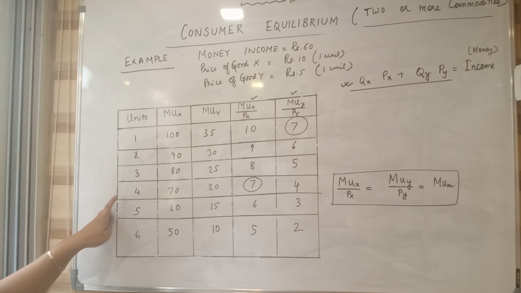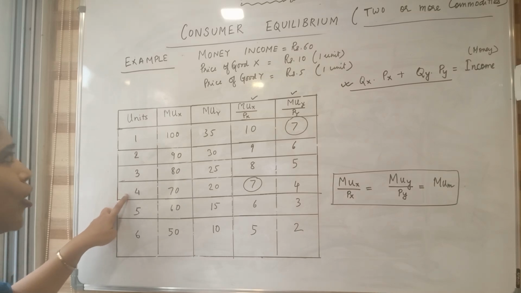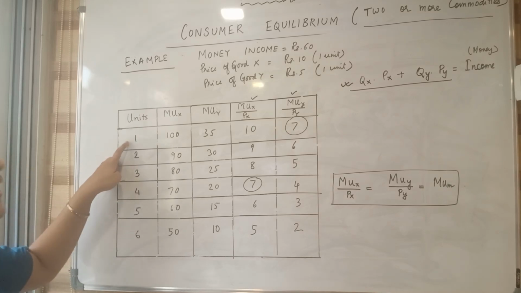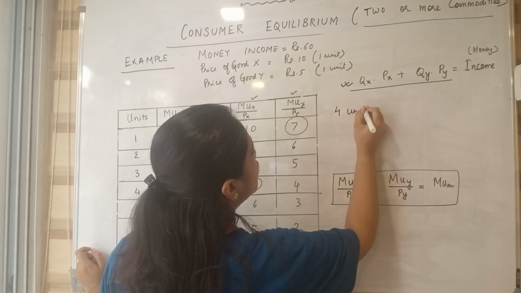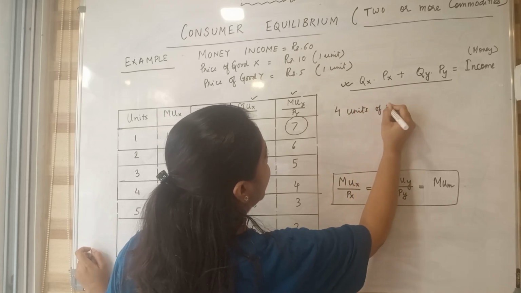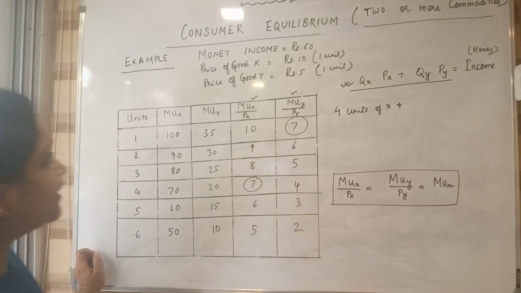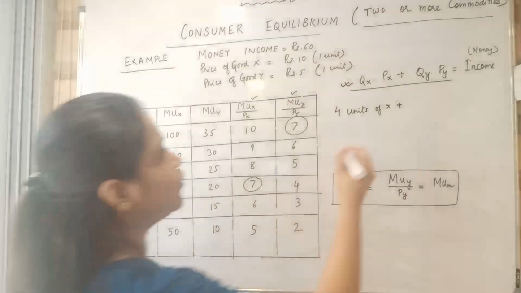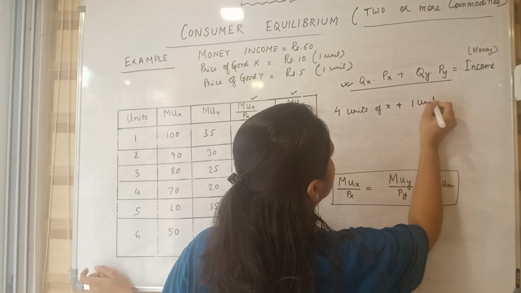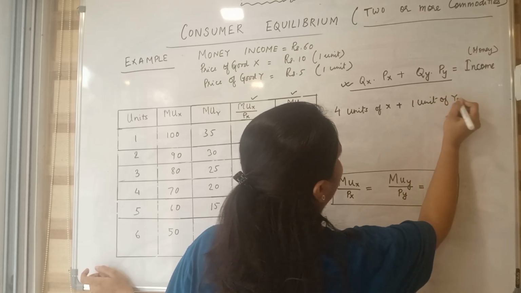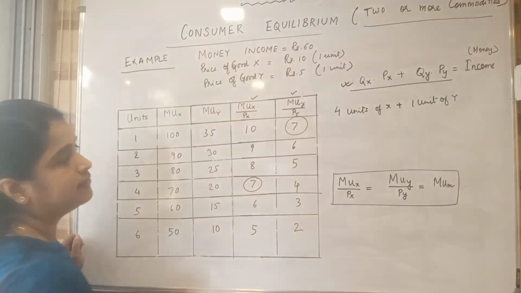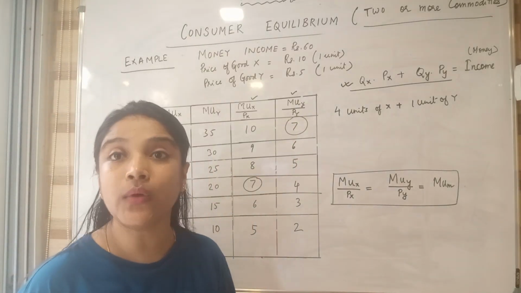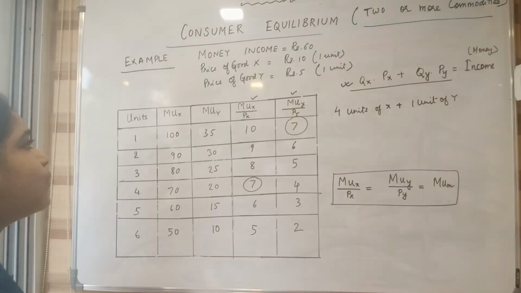That is, when the consumer consumes 4 units of good X and 1 unit of good Y, at that time we find that MUX upon PX is equal to MUY upon PY.